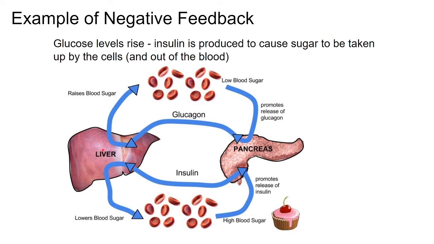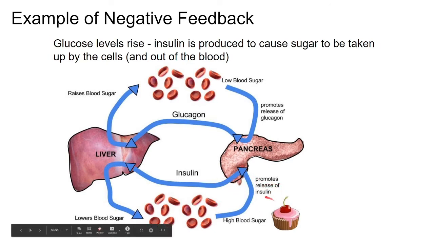Another example, we've talked about this one several times, your glucose levels or blood sugar levels. So let's say you eat some food, your blood sugar goes up, your pancreas will then release insulin, and that will cause your blood sugar to lower.